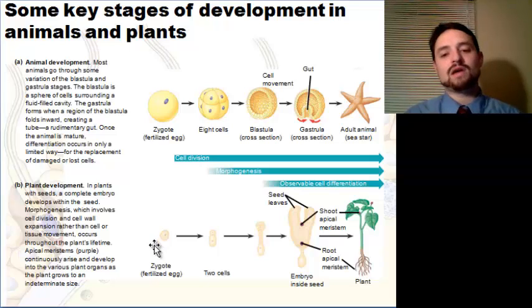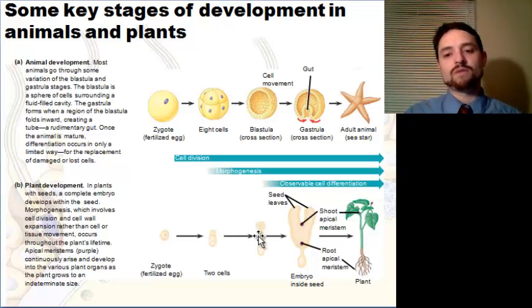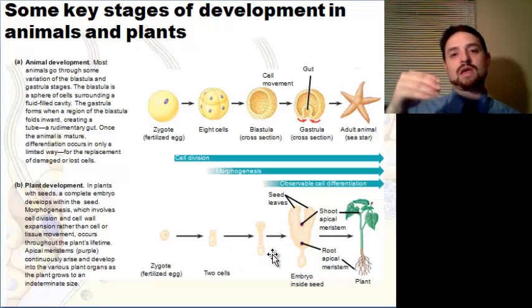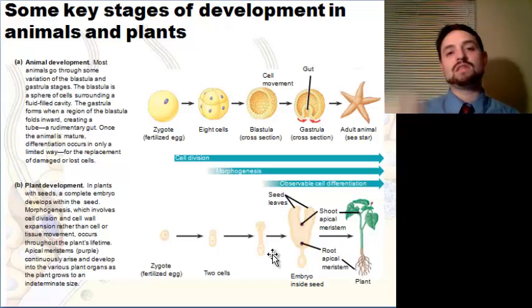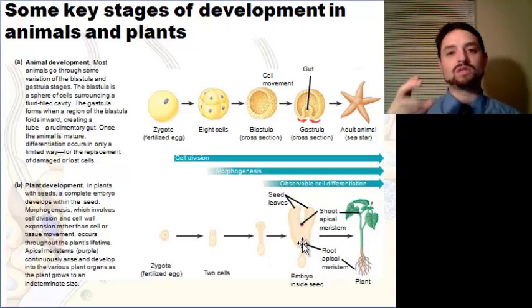In plants, you have the zygote that will go through a 2-cell division, and then from that 2-cell division, you'll get this embryo developing. One of those will stay as an anchor point in the seed. The other then actually develops into the embryo, and in that embryo stage inside of that seed, you'll have both a root apical meristem and a shoot apical meristem.